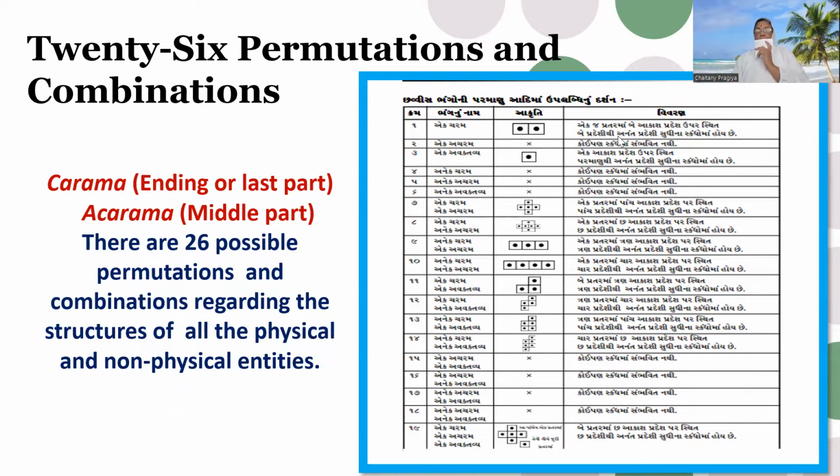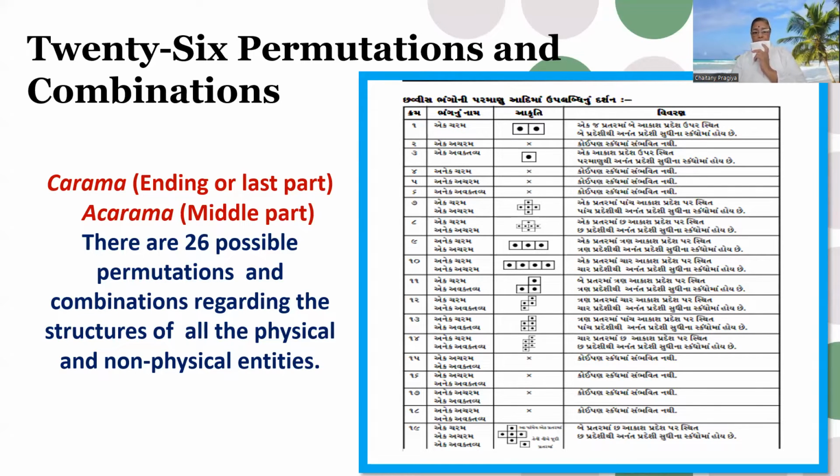Ek akash pradesh par sthit. So they are situated or located in 2 space points. If they were found in 1 space point, then it would be difficult to say which is ending, and both look of the same shape.